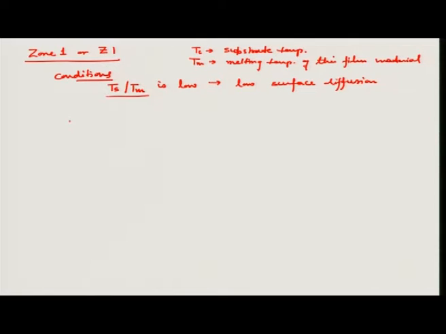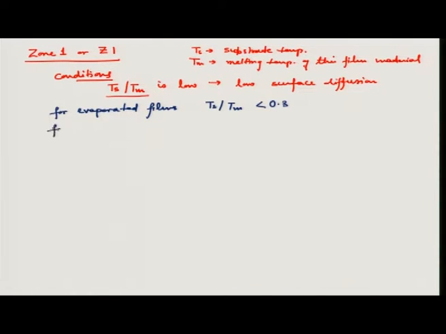Now, this is for two different kinds of films. For evaporated films, Ts over Tm is less than 0.3. So, if your substrate temperature is less than 0.3 of the melting temperature, for thermally evaporated films you will get zone 1 structure.